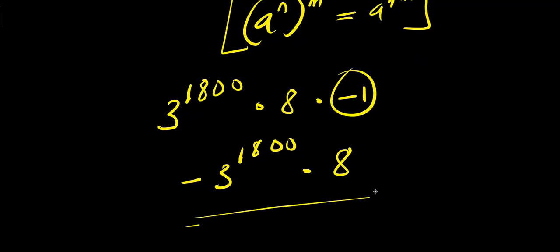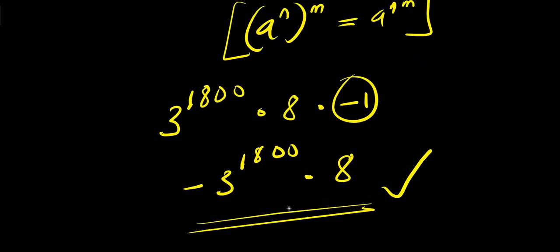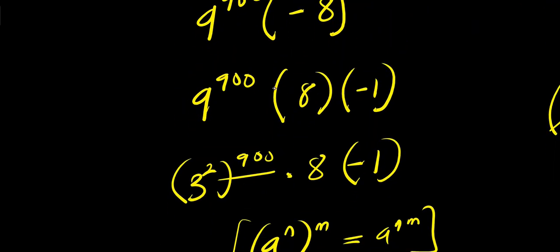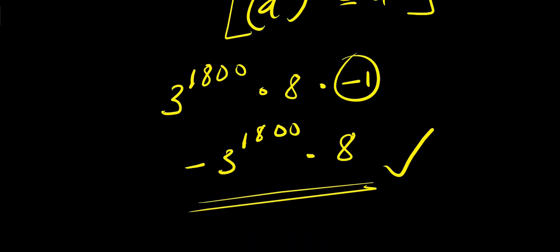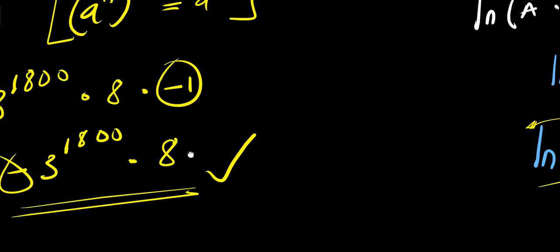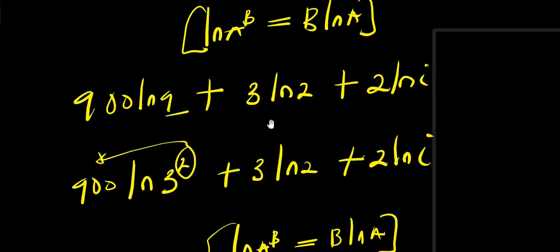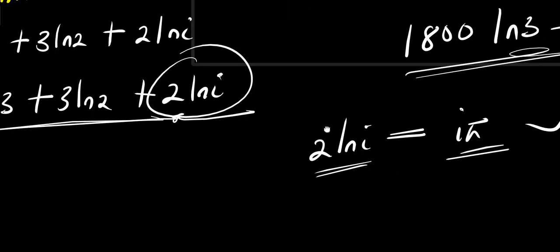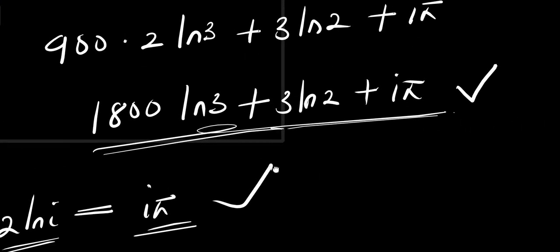So this becomes our answer. This is without the use of natural log, which is why we have this negative here. But if you want to eliminate the negative, you need to apply all these complex rules, and you are going to have it this way, or you have it this way.